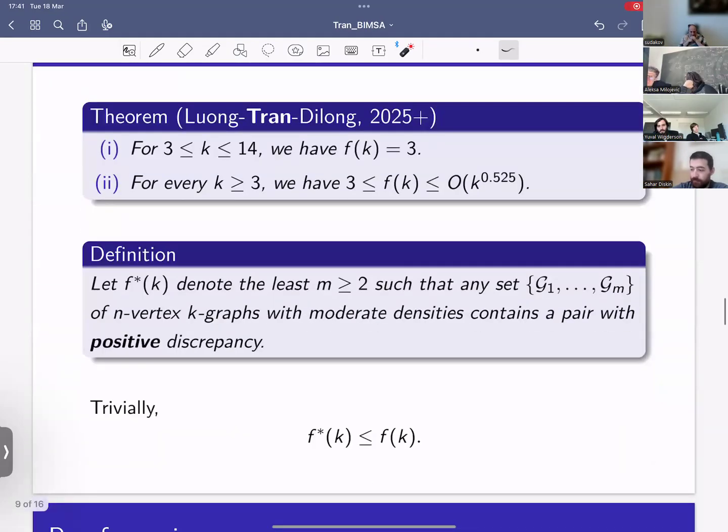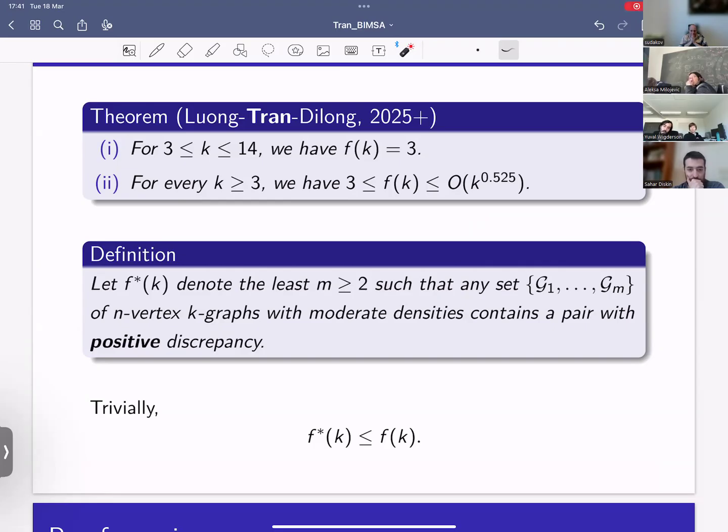Recently we managed to prove that f_k is equal to 3 for every uniformity k between 3 and 14. So 3 k-uniform hypergraphs are enough to guarantee a pair with large discrepancy when k is between 3 and 14.